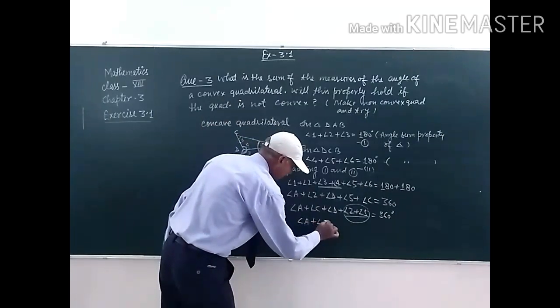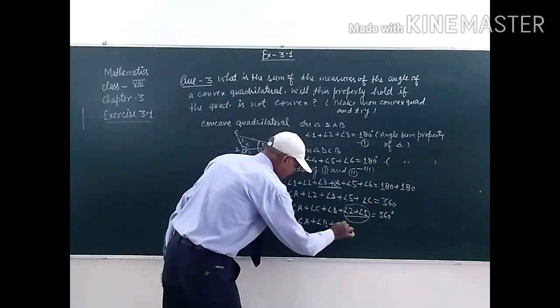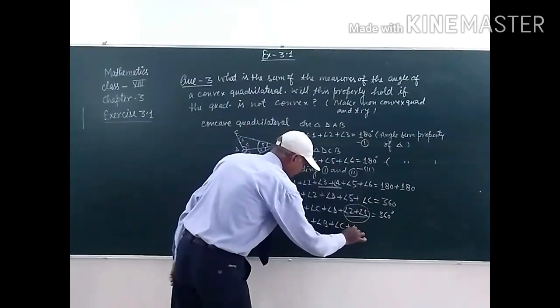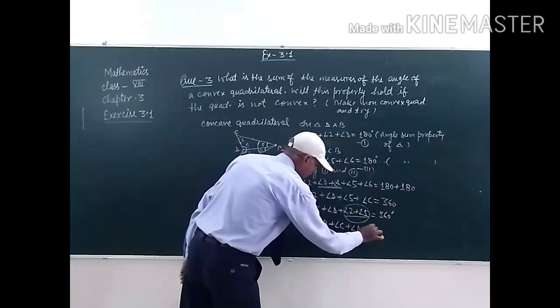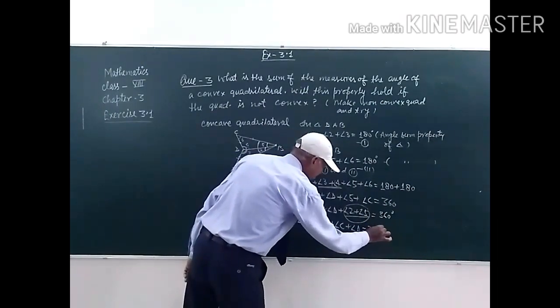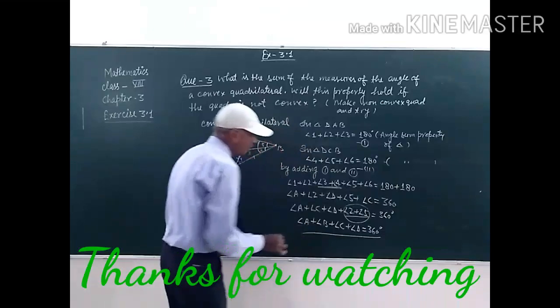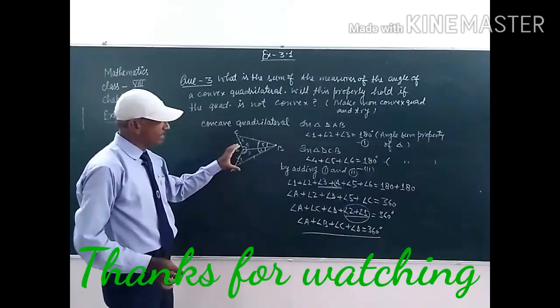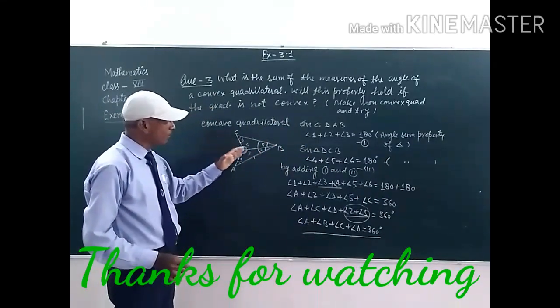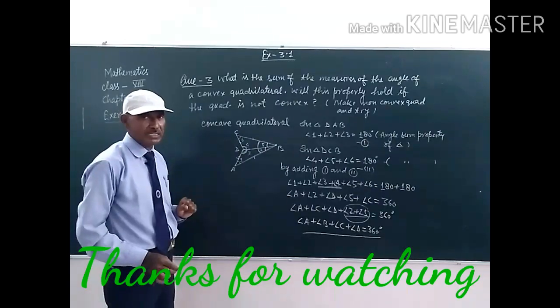So angle A plus angle B plus angle C plus angle D is equal to 360 degrees. So the sum of all angles of this concave quadrilateral is also 360 degrees.